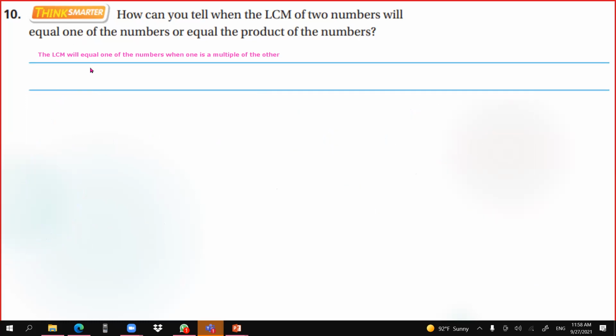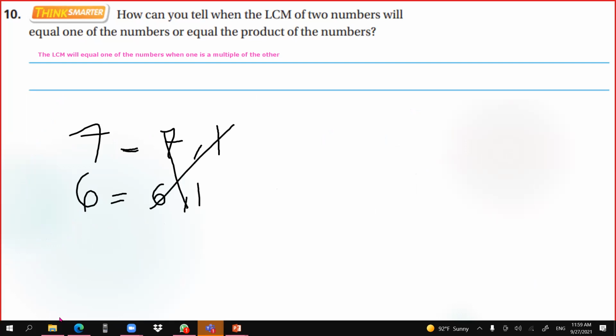Now, sometimes if you have two numbers like 7 and 6, and there's no common factor between them. What do I mean by no common factor? If you write the factors of 7, they are 7 and 1. And the factors of 6, they are 6 and 1. And there's no common factor.